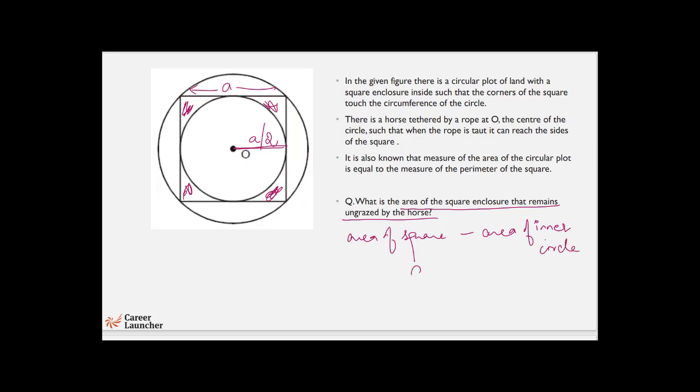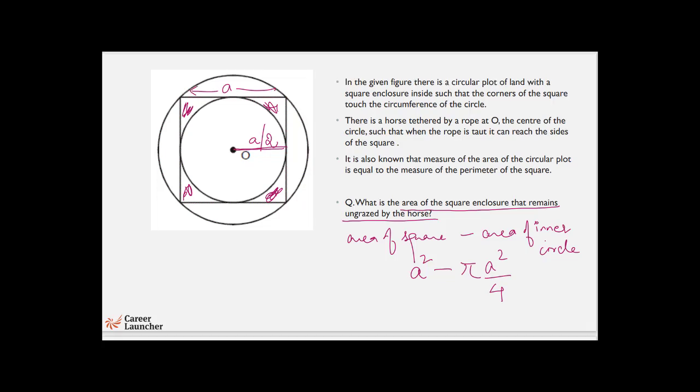Area of square is A square, minus area of inner circle, which is pi, radius is A by 2, pi A square by 4. If we take A square common, we get 1 minus pi by 4, or A square into 4 minus pi by 4. That is the area of the square enclosure that remains ungrazed by the horse.